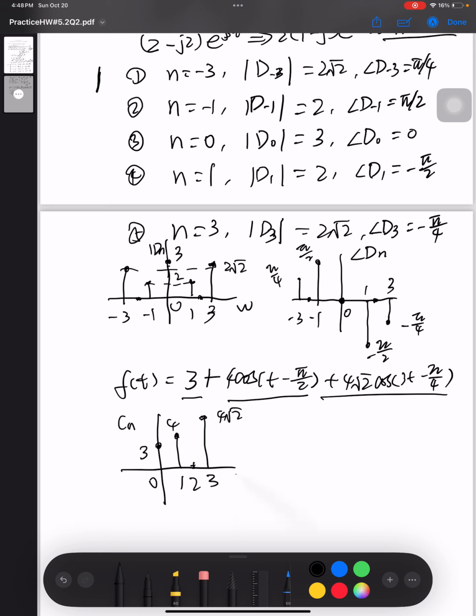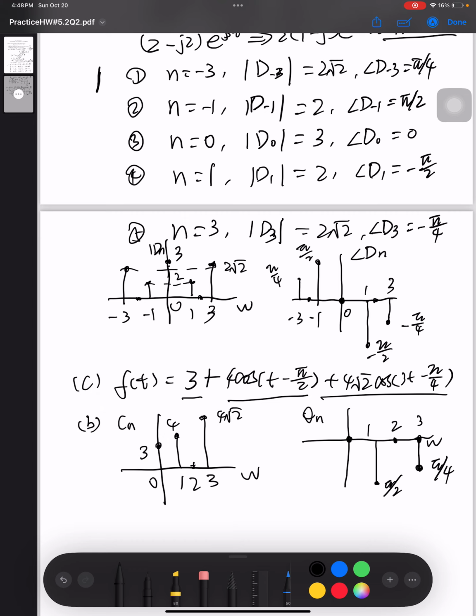And for the phase part, theta n: for n equals 0 it is purely 0 phase, for n equals 1 it is negative pi over 2, at 2 it is 0, and for 3 it is negative pi over 4. So this is B and this is C.